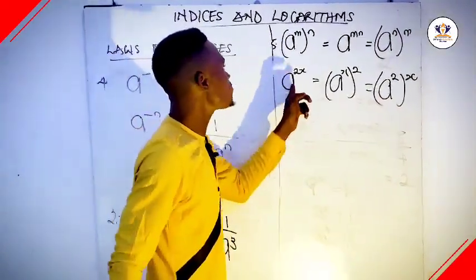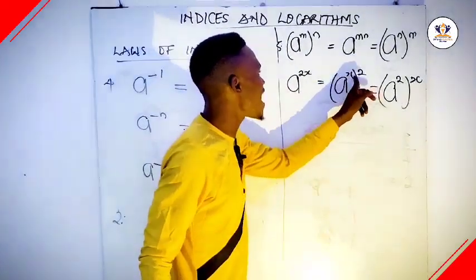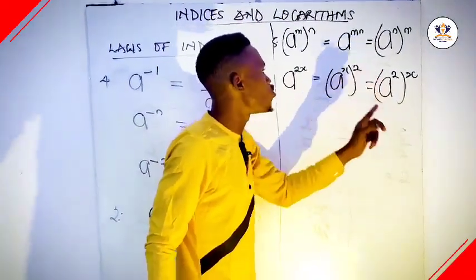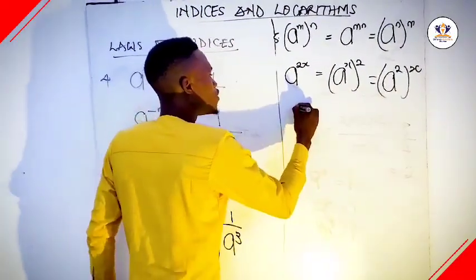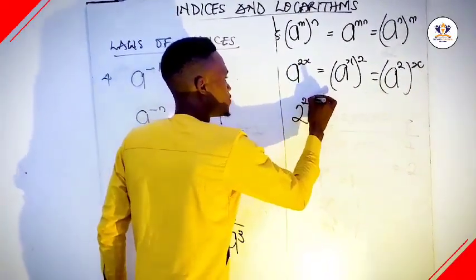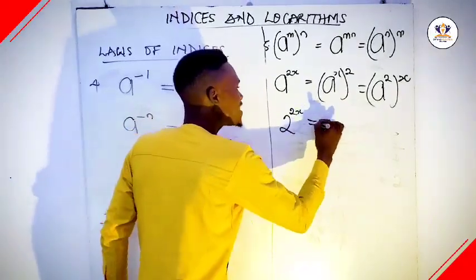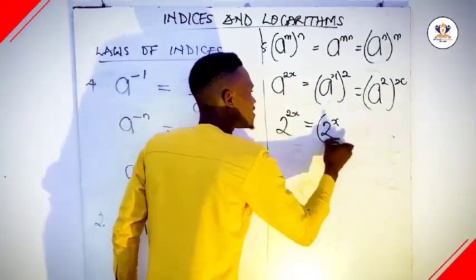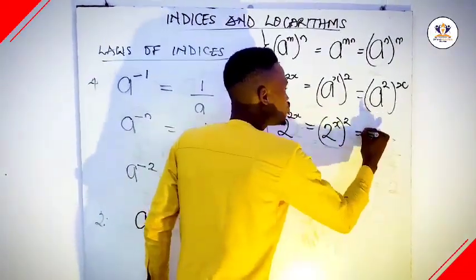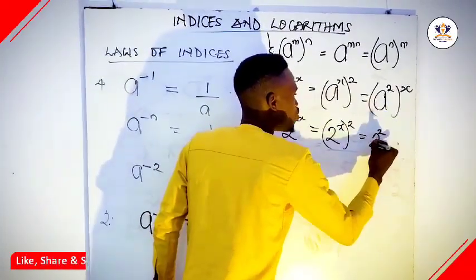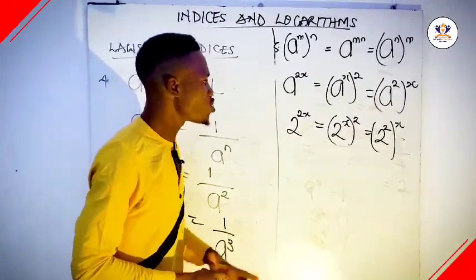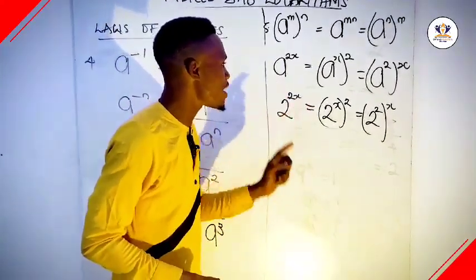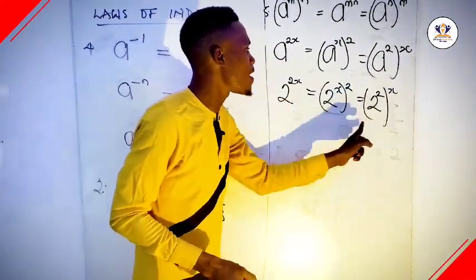Peradventure we have 2 raised to the power 2x now. This can be equal to 2 raised to the power x all squared, or 2 raised to the power 2 all raised to the power x.